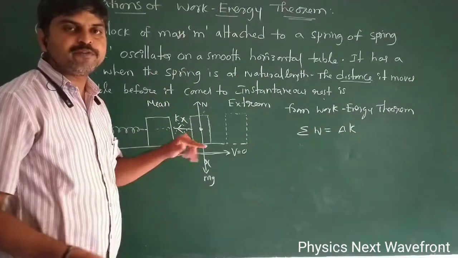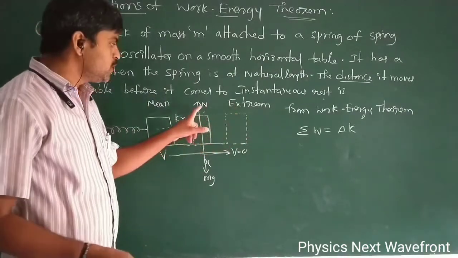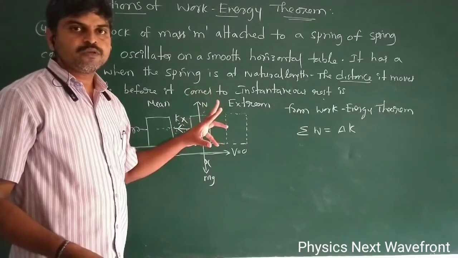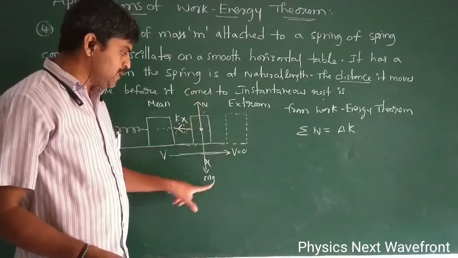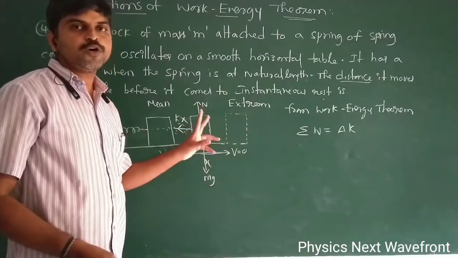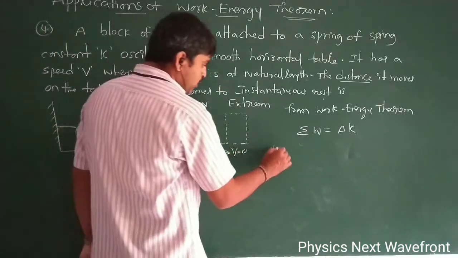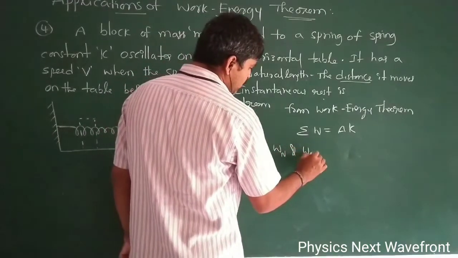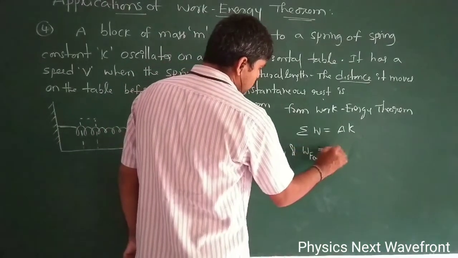The angle between the displacement and the normal force, and between the displacement and the gravitational force, is 90 degrees. So the work done due to the normal force and due to the gravitational force is 0.